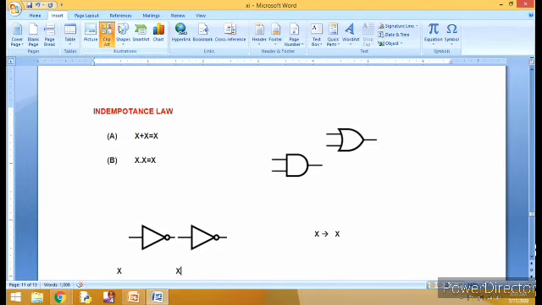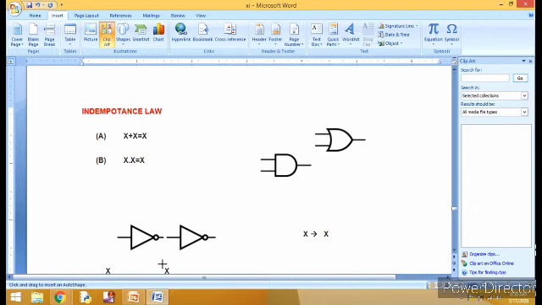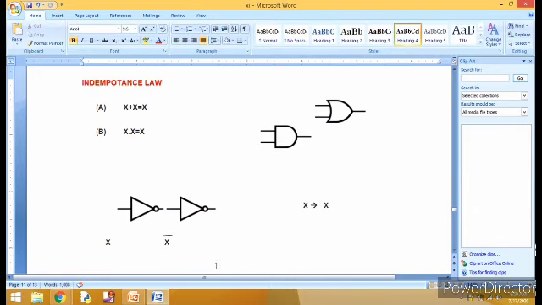Now again, if it is passed through the second NOT gate, you get X double dash.